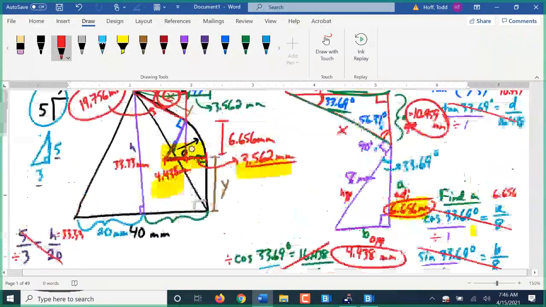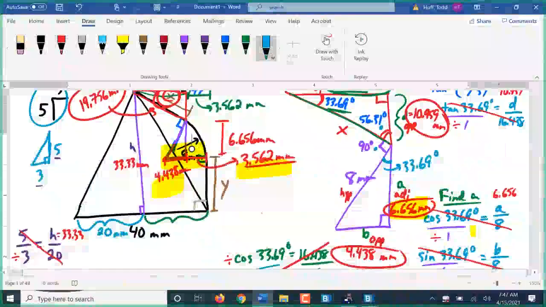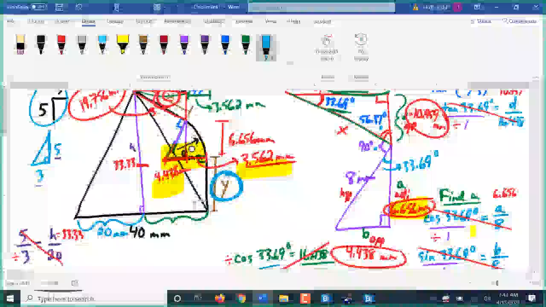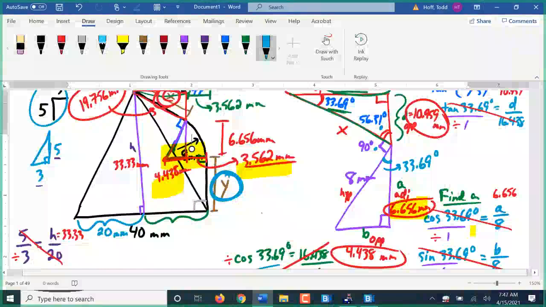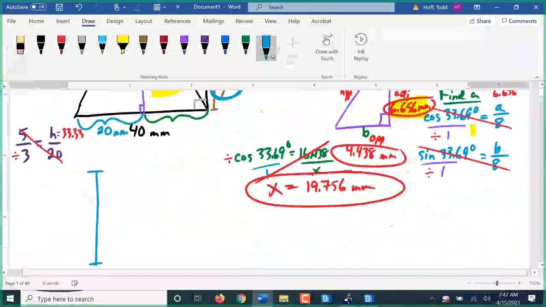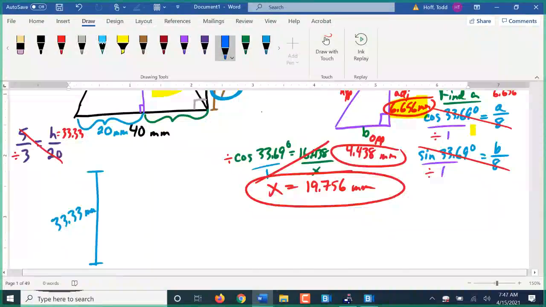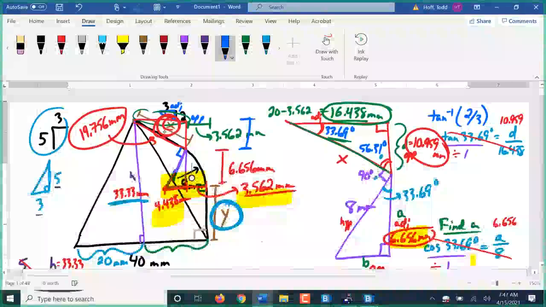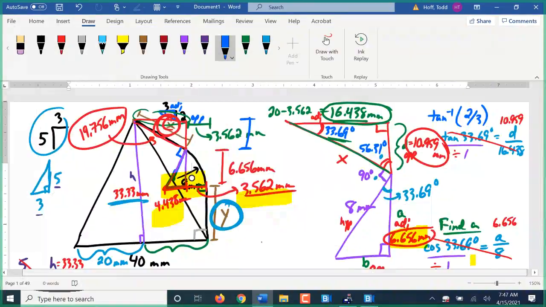So the only thing left for us to find, or that we're asked to find, is y here. Well, we already have all of those pieces. The total height is 33.33. We have the rise from the top triangle up there, this one here.